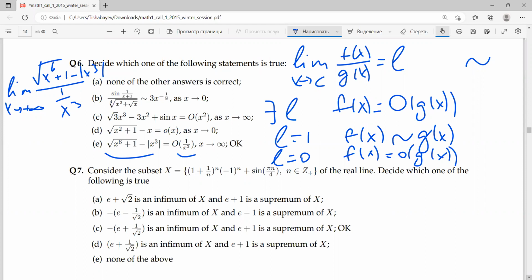But here I think the most useful way is just multiplying and dividing by the conjugate. So we need to multiply by square root of x^6 plus 1 plus x cubed and divide by it. Then on top we have x^6 plus 1 minus x^6. They cancel. It will be just 1. Do you understand me?